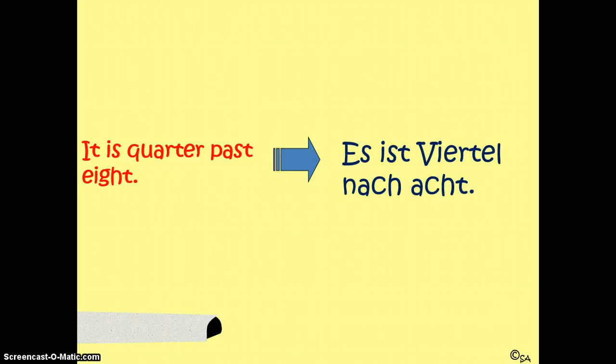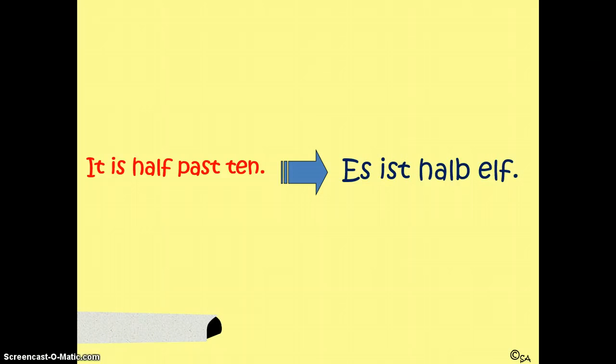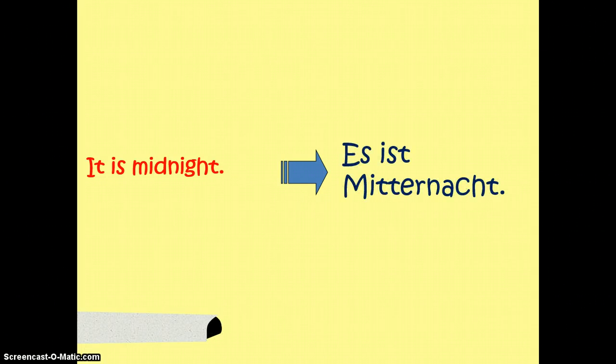It is 8:15, es ist Viertel nach 8. It is 10:30, es ist halb 11. So even though it says 10:30, we say it's half an hour to go until 11 o'clock. And it is midnight, es ist Mitternacht.